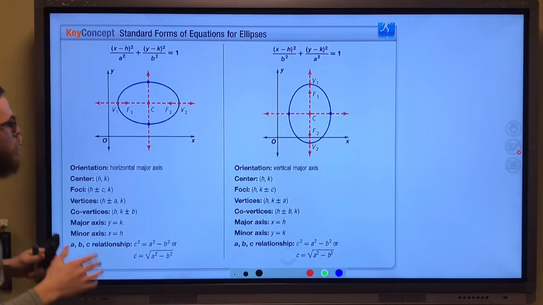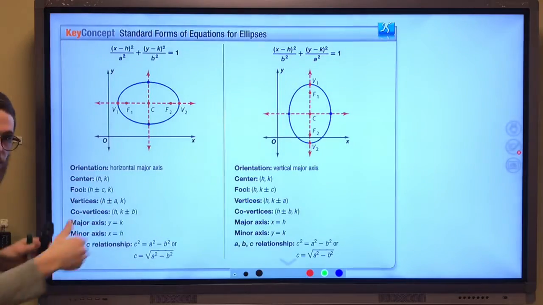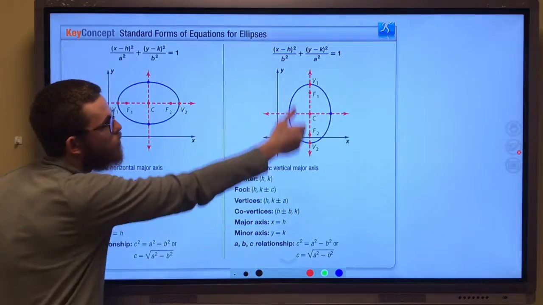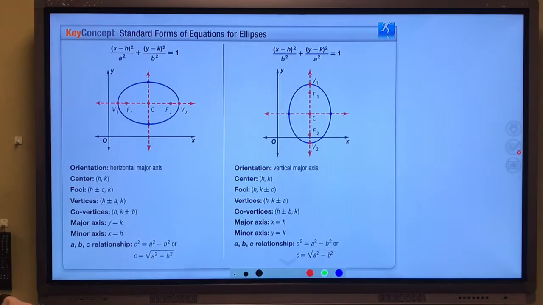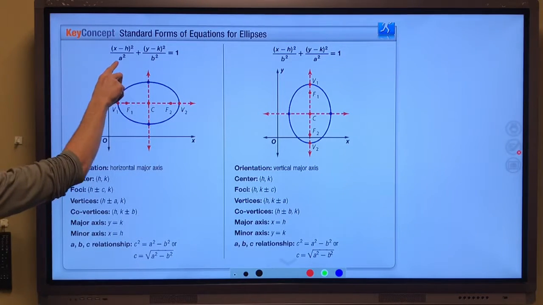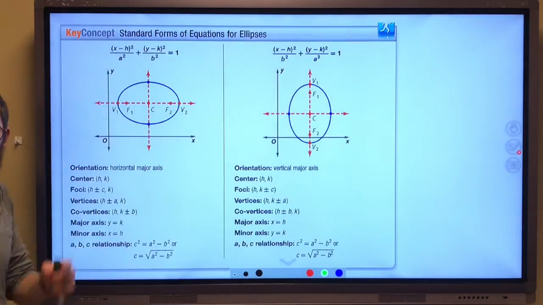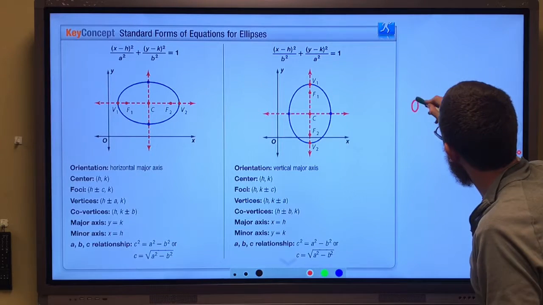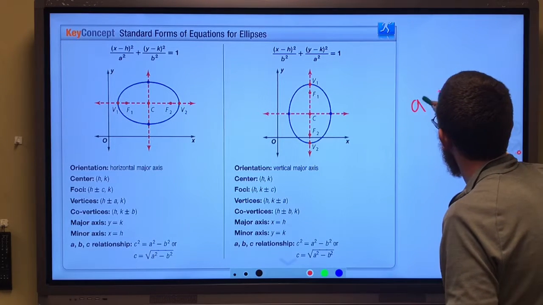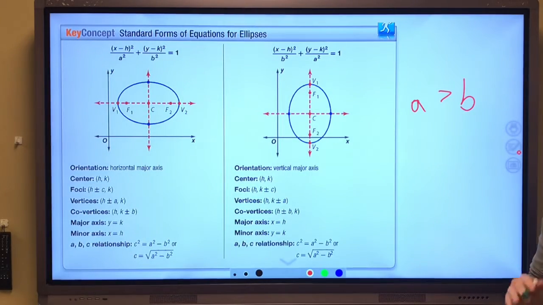So we basically either have a horizontal major axis, or we have a vertical major axis. The only difference here is where our a squared and our b squared are. First of all, a must always be greater than b.